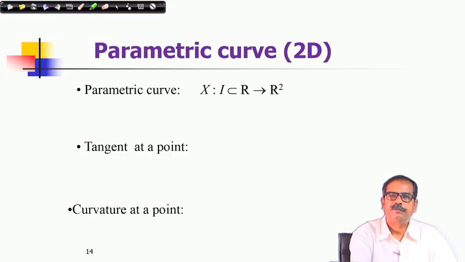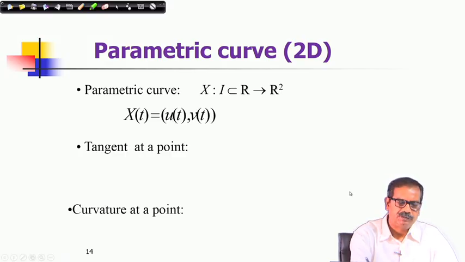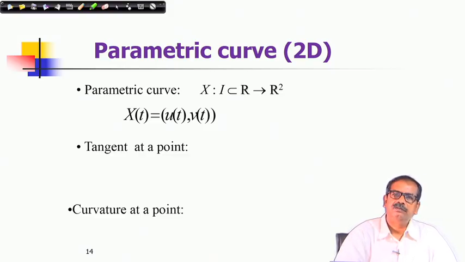So, that is why it is a mapping from R to R square, and in parametric form we can represent this parameter, say t, which is a variable that takes values from an interval of real space.